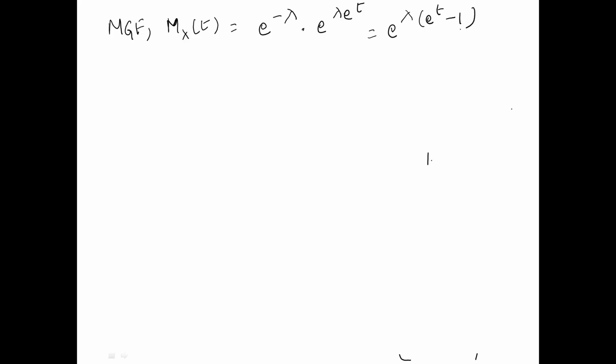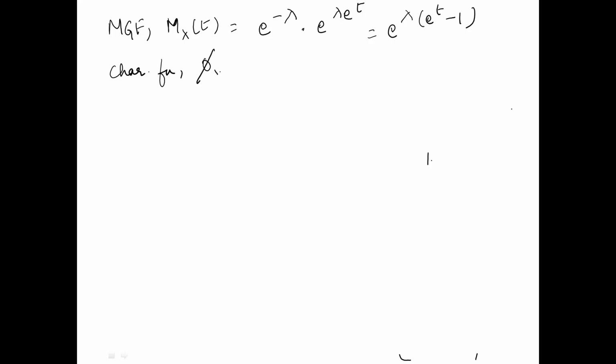Going forward, the moment generating function M x of t is going to be, we have an e power minus lambda on the outside of the brackets, and the new one is e power lambda e power t. So I'll be pulling out e power lambda as common, and this is going to be e power t minus 1.